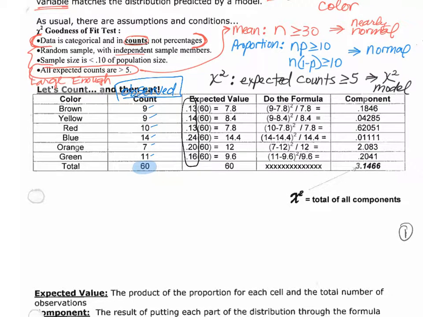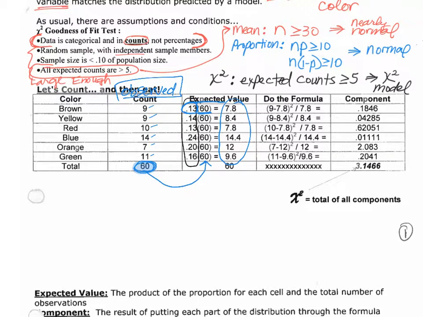So then here comes what is expected. I need to see, if the percentages hold true that they tell me it should be, how many would I expect to get out of my sample size? So I would multiply the percent that they tell me times my sample size. So this total number here is what you are multiplying those percentages by to get these expected values.